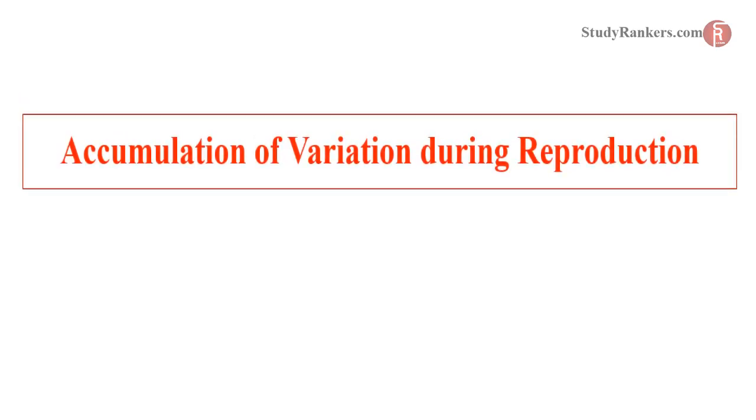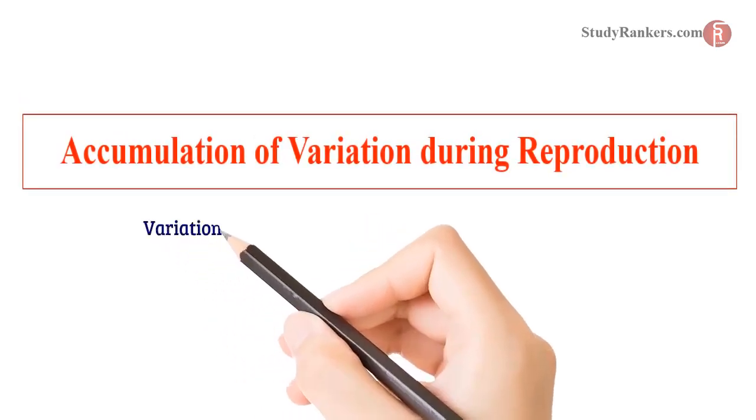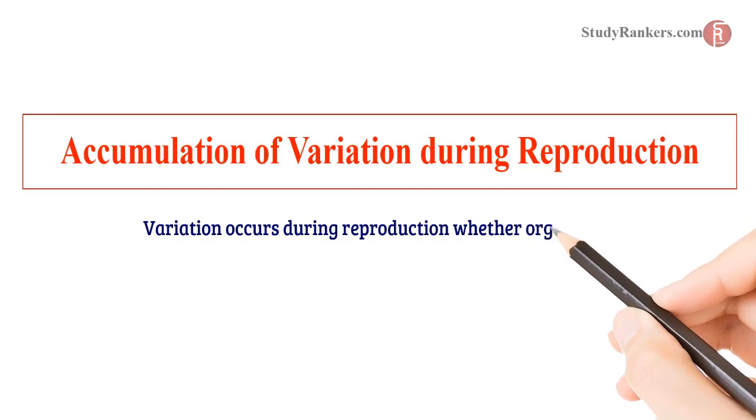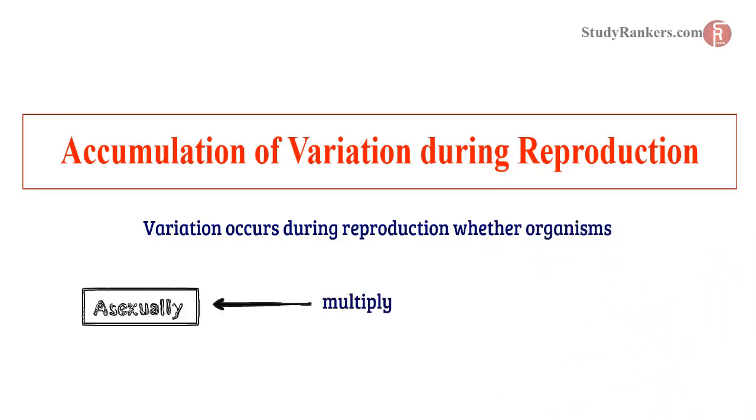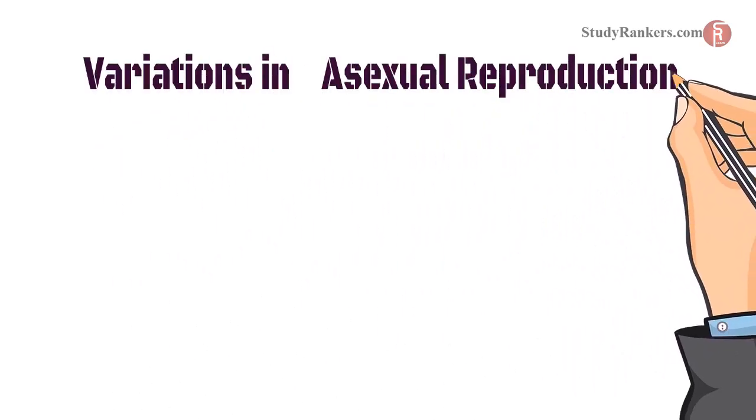Now, we will study about accumulation of variation during reproduction. Variation occurs during reproduction, whether organisms multiply asexually or sexually. Let's study about it. Variations in asexual reproduction.